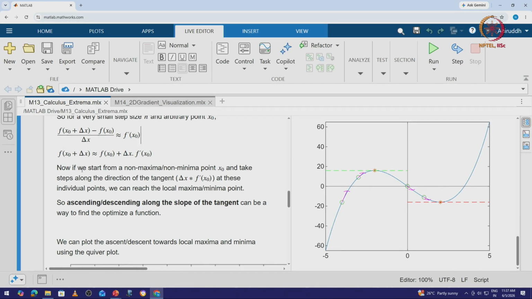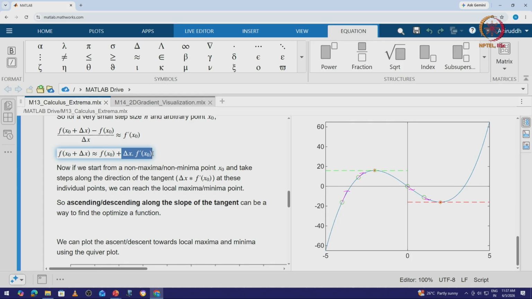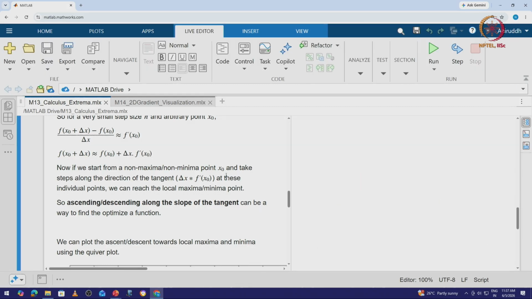Now if we start from a non-local maxima or non-local minima x0, essentially a randomly initialized x0, and take steps along the direction of the tangent, which is delta x times f dash x0, looking at this particular part of the equation, at these points we reach the local maxima or minima.